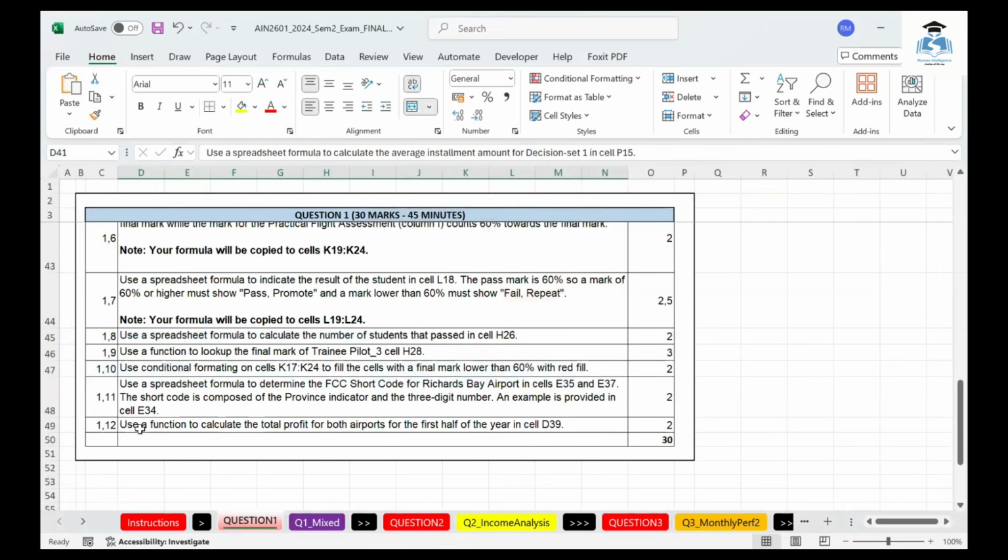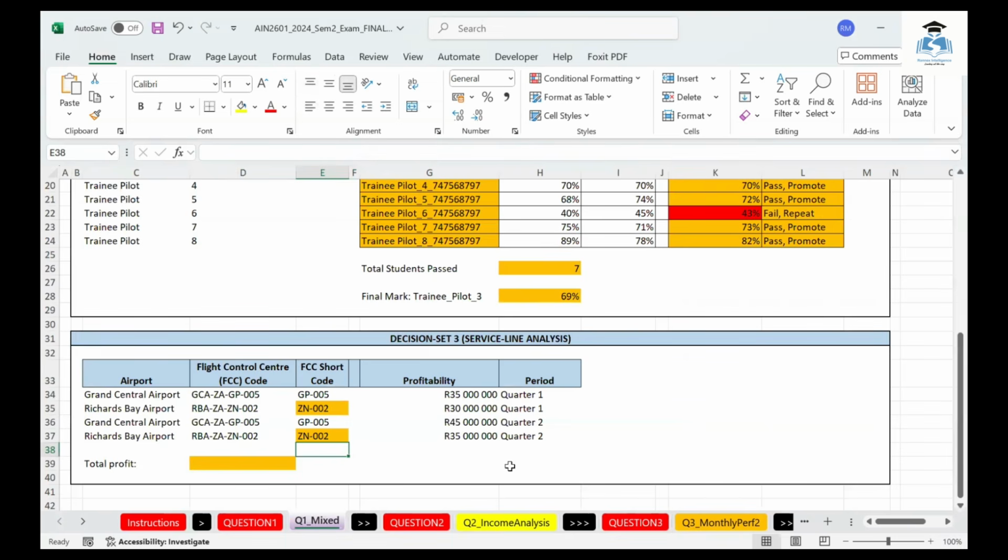Now, use a function to calculate the total profit for both airports for the first half of the year in cell D39. First half of the year.